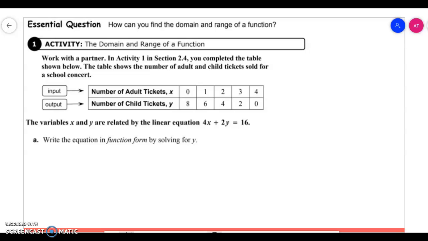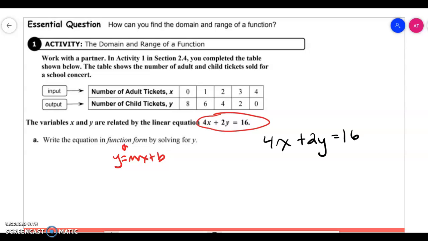So it says the variables x and y are related by a linear equation, which is right here, 4x plus 2y equals 16. We need to write the equation in function form, so this means y equals mx plus b form. So let's solve that together. So remember, we always want to get y by itself when we're dealing with the slope-intercept form.